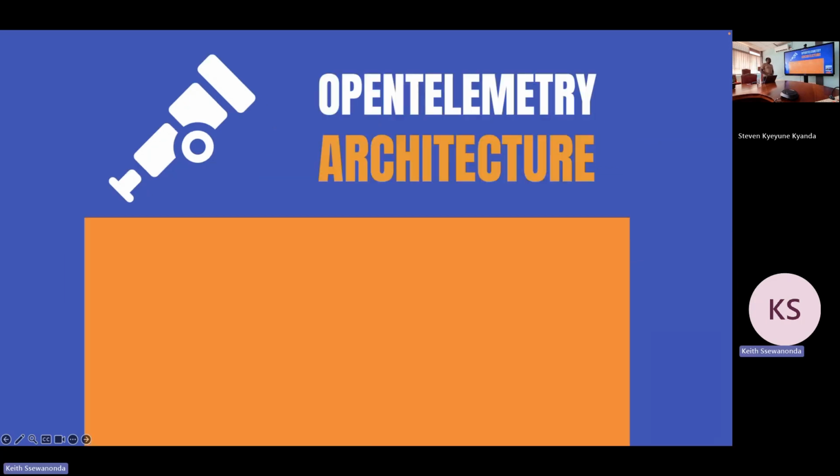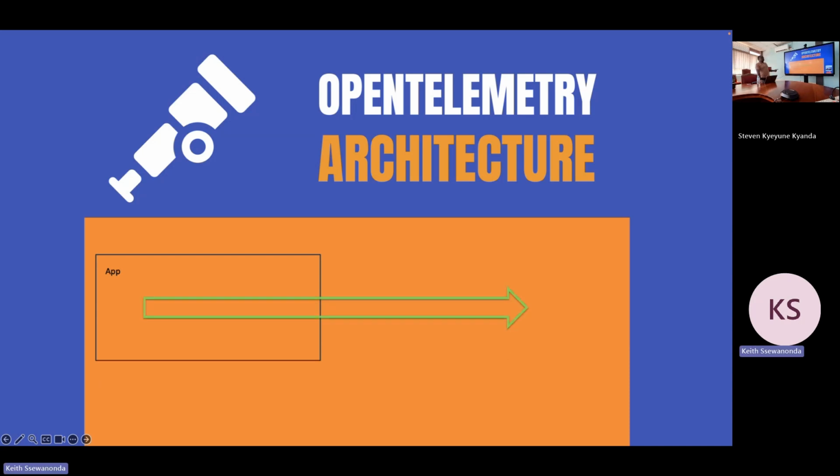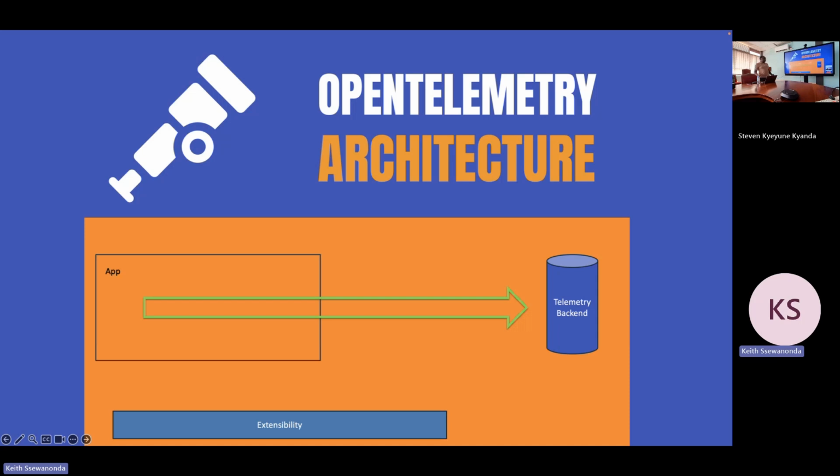Yeah. So now we'll talk about the architecture. It starts with your application, which, as we've mentioned, is trying to send telemetry data. We said OpenTelemetry has many standards or tools that you need, and along with that, you're going to have an SDK.